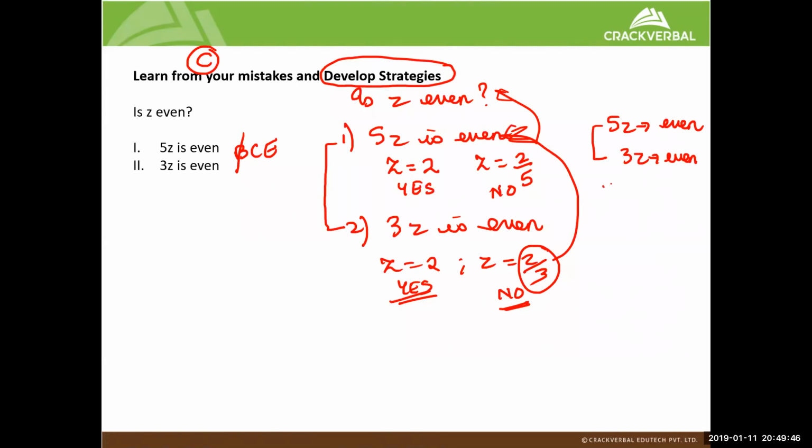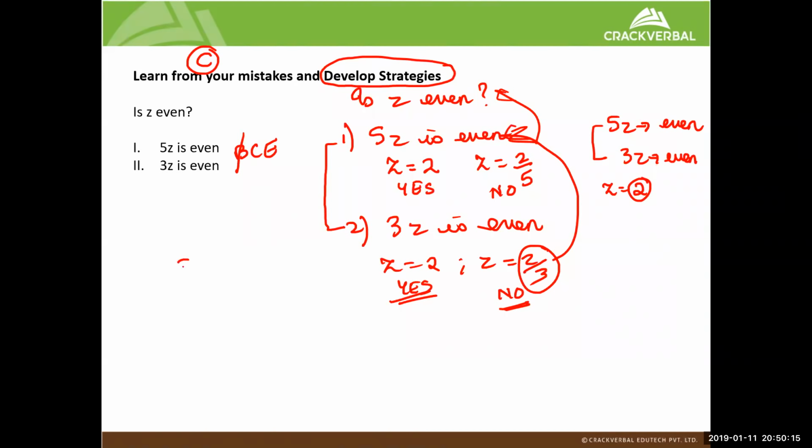Clearly all of you will say Z equal to 2 satisfies both simultaneously, so Z can be even. But since I've spoken about integers and decimals and fractions, you'll have a nagging doubt in your head: what if there was a really large fraction which made 5Z an even number and 3Z an even number? So when you combine statements, using numbers is not always the best way to go forward.